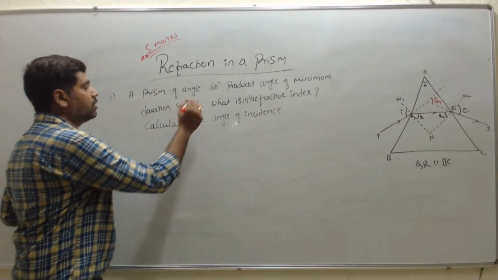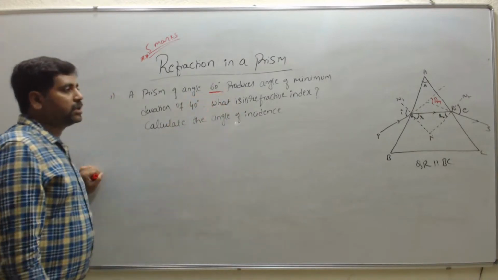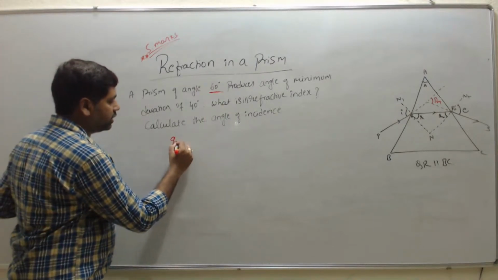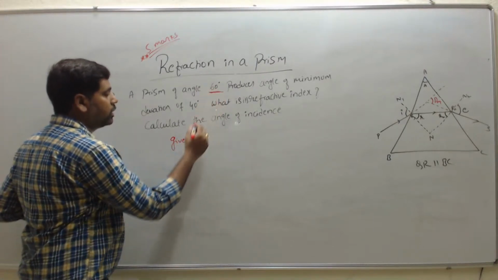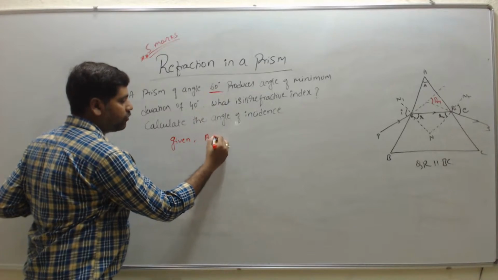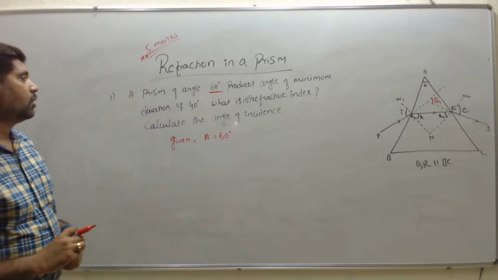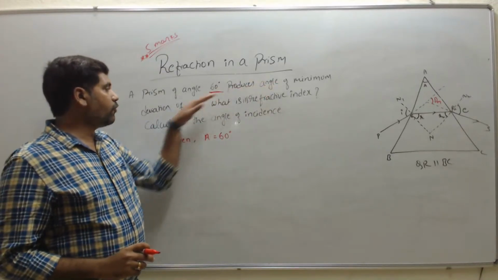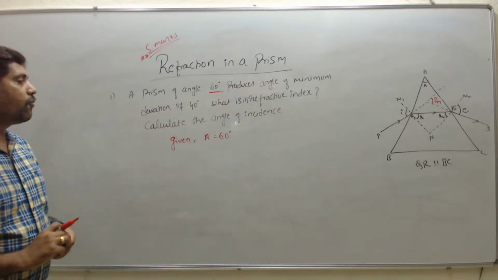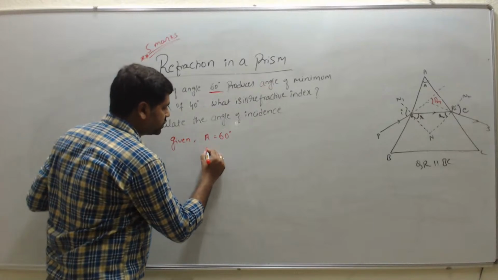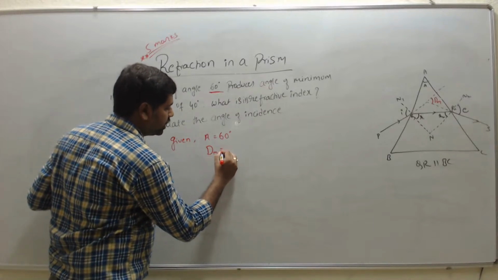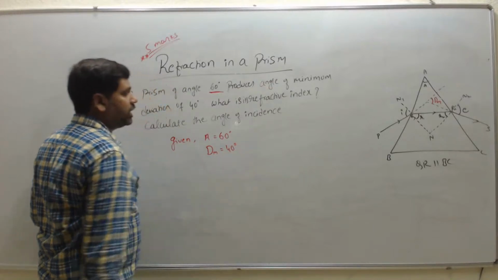Here, the given angle of prism is 60 degree. It produces the angle of minimum deviation of 40 degree, that is Dm is equal to 40 degree.